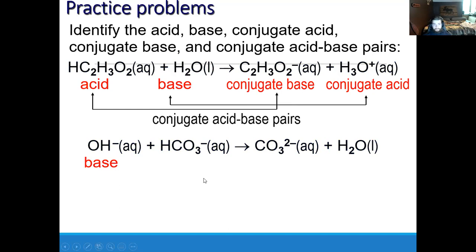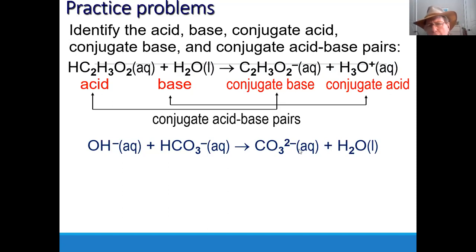Which one of those reactants can donate a proton? The HCO3 minus. So I've got the HCO3 minus donating it. Which one is accepting it, Parker? The OH minus. So I've got my base and I've got my acid.